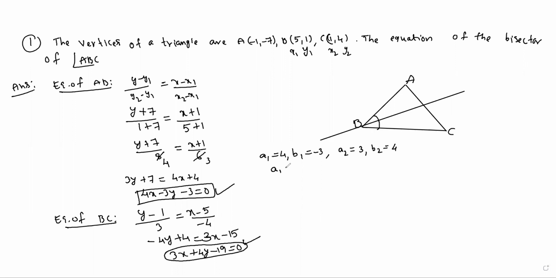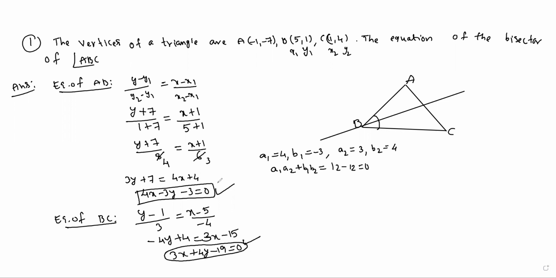Now I'll find A1 A2 plus B1 B2. 4 into 3 is 12, minus 3 into 4 is minus 12. That means clearly AB and BC are perpendicular to each other. That's why for this angular bisector we can clearly take the plus sign, no issue in that.